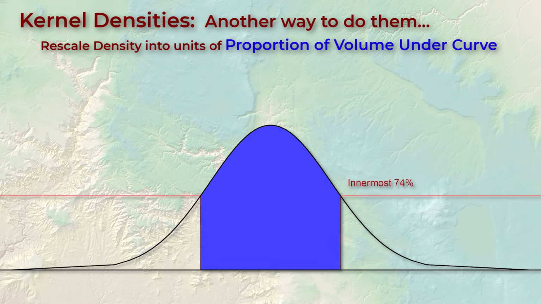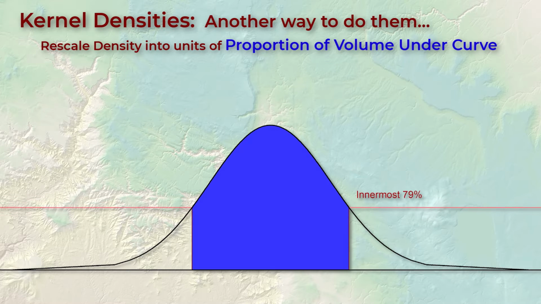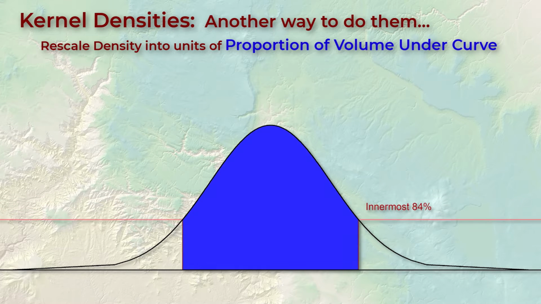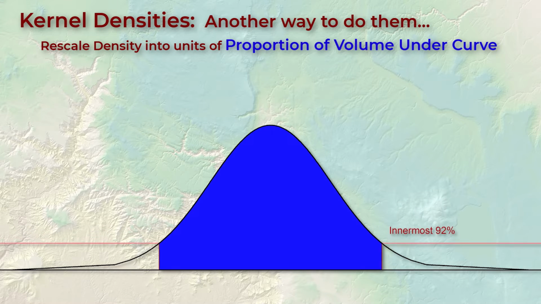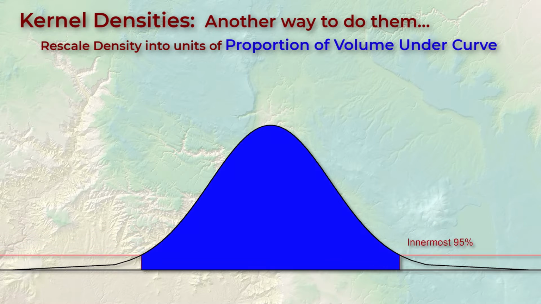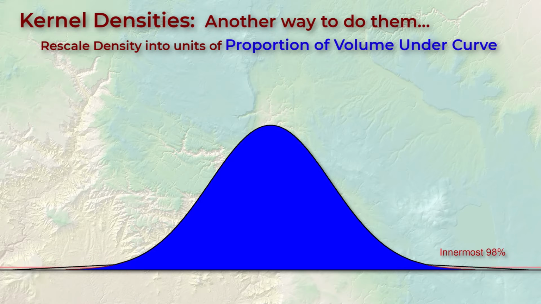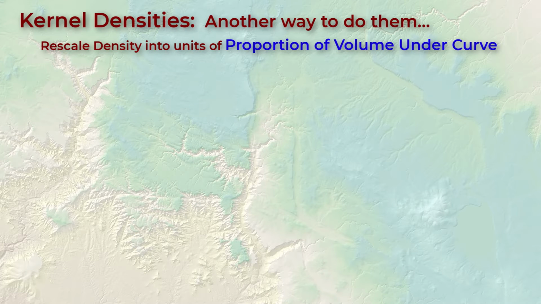Using these methods, we could simply mark out the area where an animal would be 95% of the time, or 90% of the time, or whatever probability threshold we want to use. And we could now generate home ranges based on consistent activity levels, rather than trying to guess at arbitrary density thresholds. This method would also make it very easy to compare home ranges for different animals.